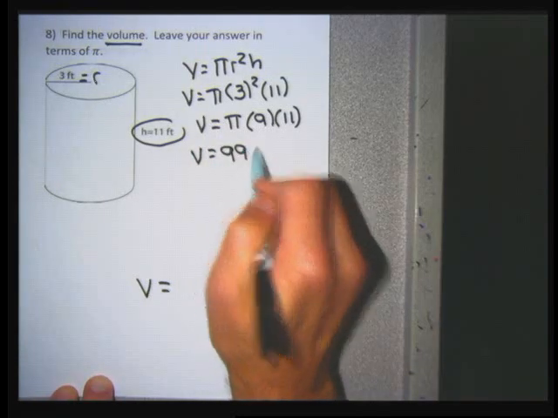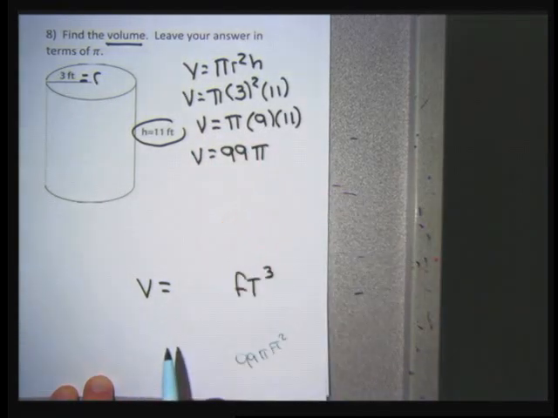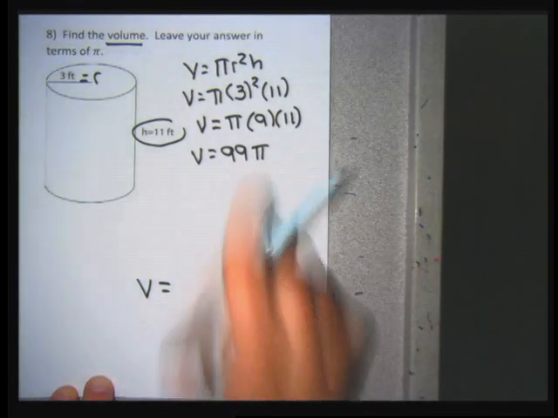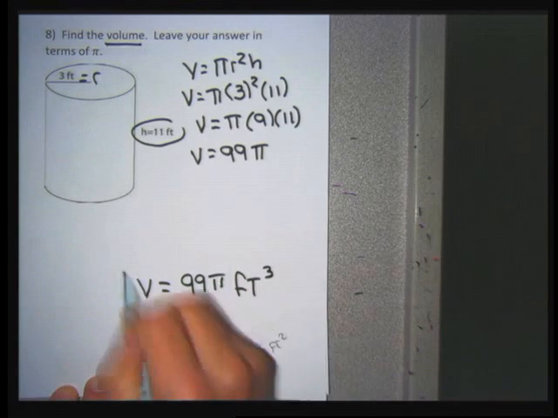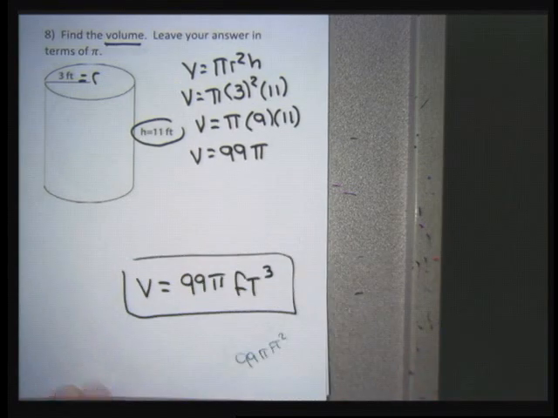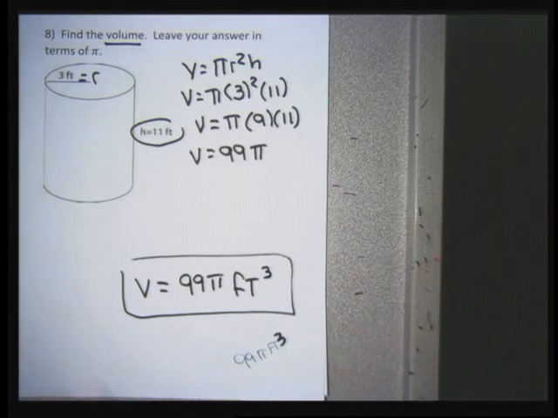I'm told to leave the pi and not make it into a 3.14, so volume is going to be 99 pi. But in my answer, I need to have units. I neglected to use my units in the write-ups because they weren't necessary, because I knew what they were going to be. And so my answer should be 99 pi cubic feet.